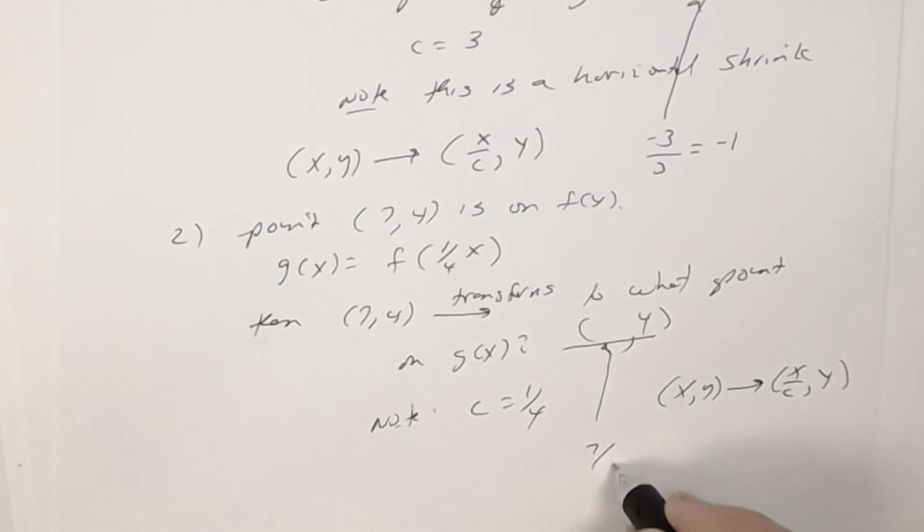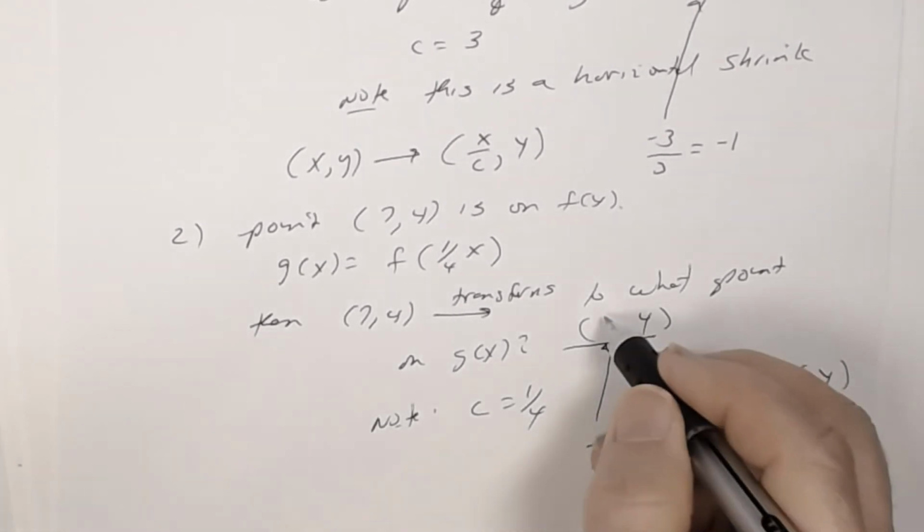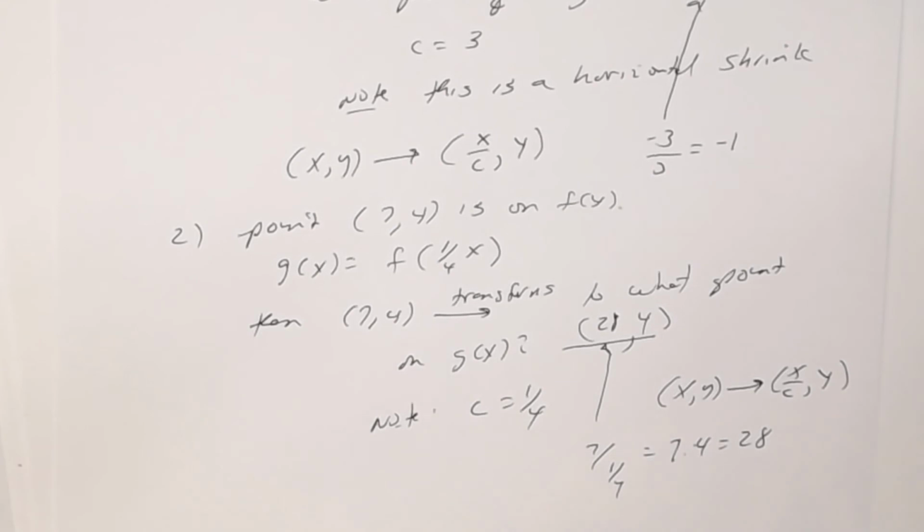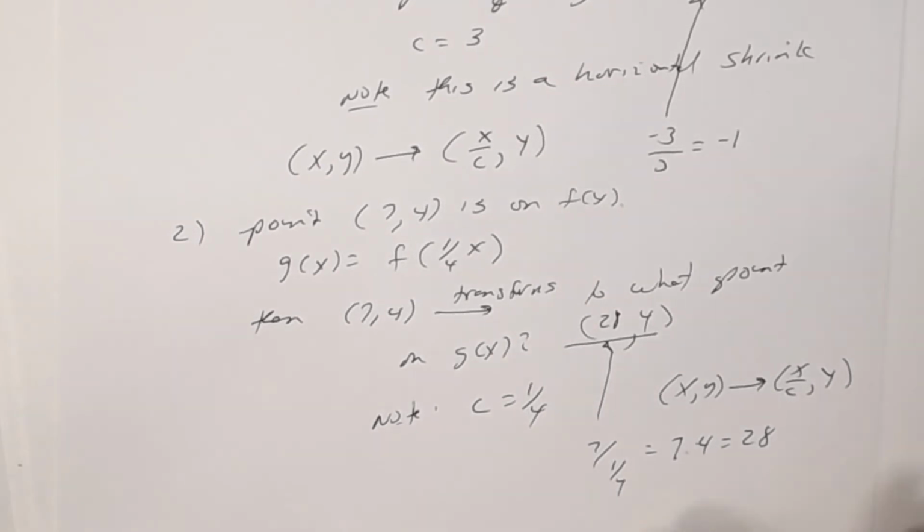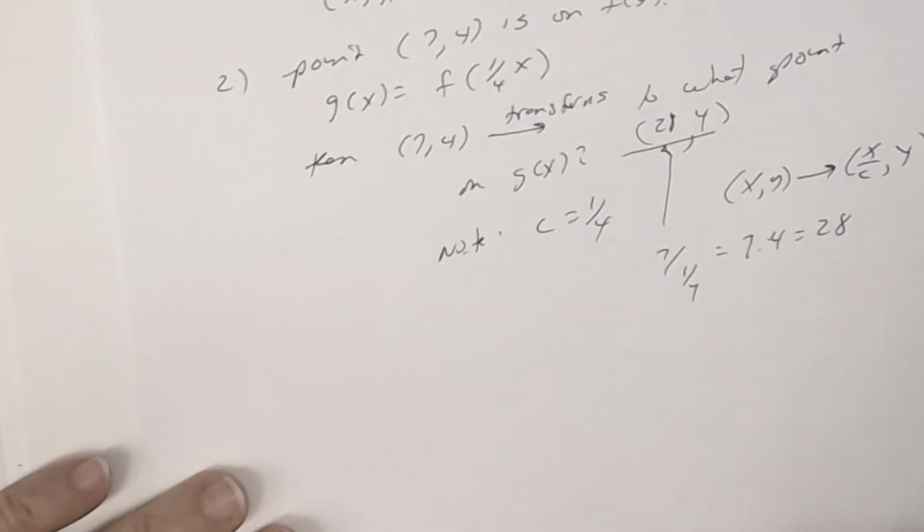You divide by c. So 7 divided by 1/4 means 7 times the reciprocal of 1/4, which is 4. So that becomes 28. All right, so the new point is (28, 4).